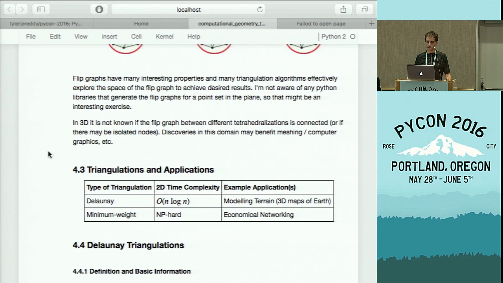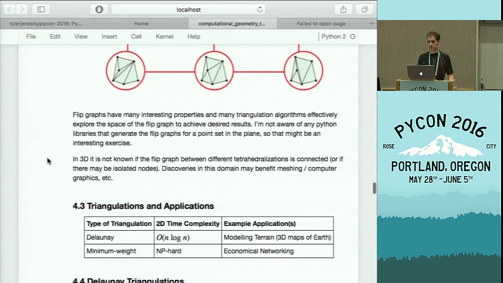And just as an interesting aside, if you're mostly interested in the three-dimensional equivalent, which is tetrahedralization, it's actually not even known if that space is connected. In the three-dimensional case, you'd be moving faces instead of edges. It's not actually known that if you incrementally move faces, you can move from one possible tetrahedralization to another.